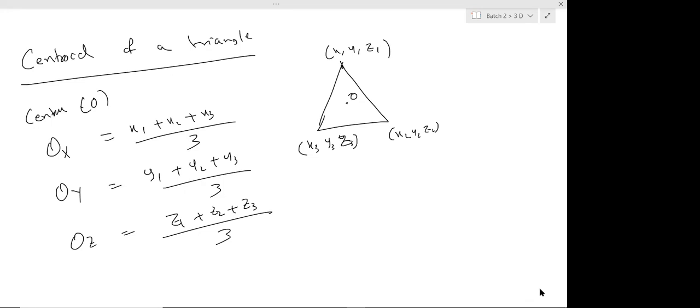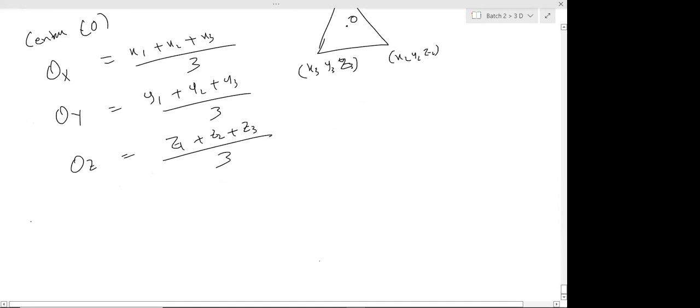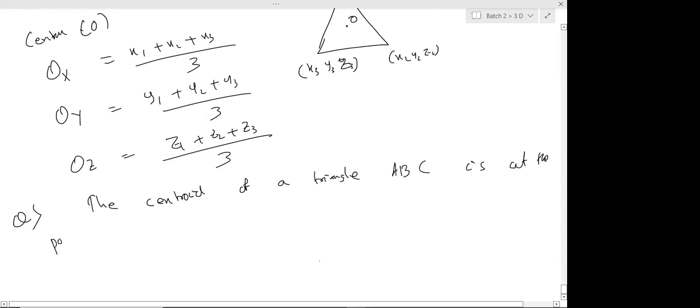All right. Let's solve a question for this. The centroid of a triangle ABC is at the point 1, 1, 1.